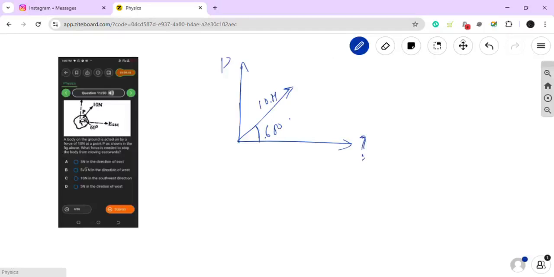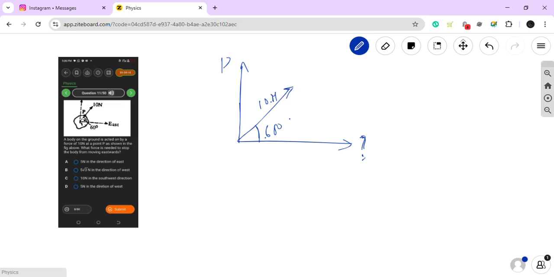You can use 10 cos 60 to get it, but I will advise we try and do it this way. Let's say they both have the same force, like they are of equal length, P and the other one here, right? They are of equal length. I want you to follow me and get something.